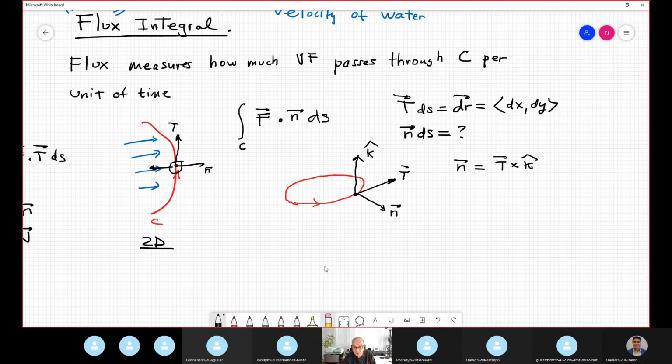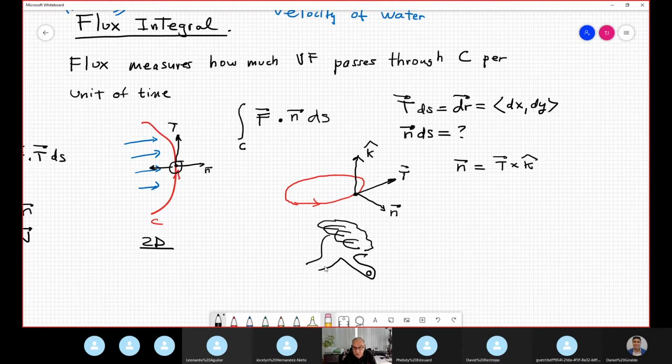You put the finger pointing first to the T, curve the finger. It's hard for me doing this sketch, the right side. This is my finger. Okay, this is my hand, and the thumb pointing to the normal vector. So I touch the arrow for the tangent, I rotate my finger to touch the arrow for the K, and it gives me the thumb, the normal vector.